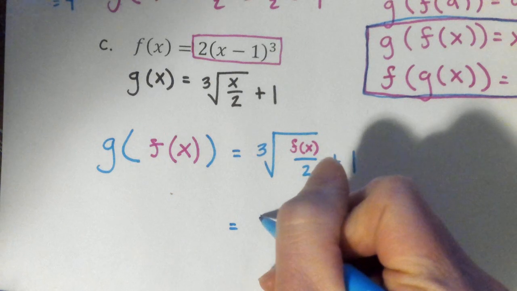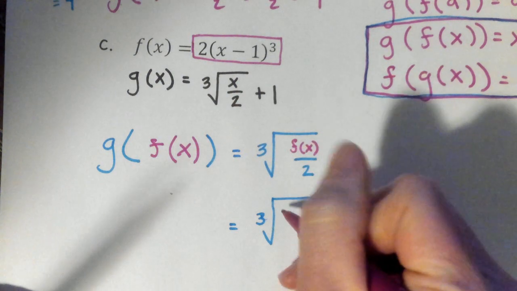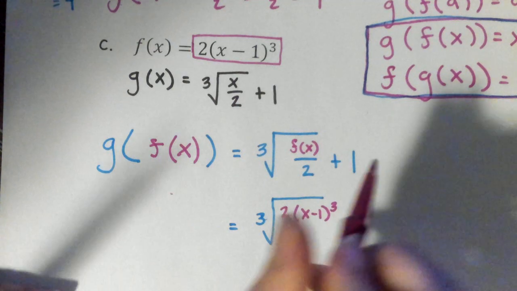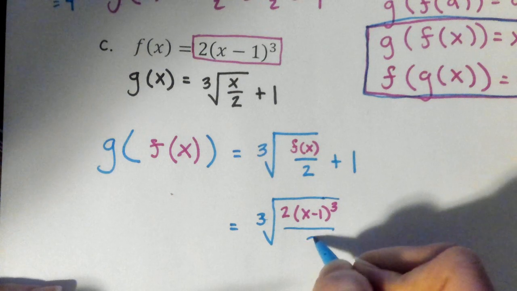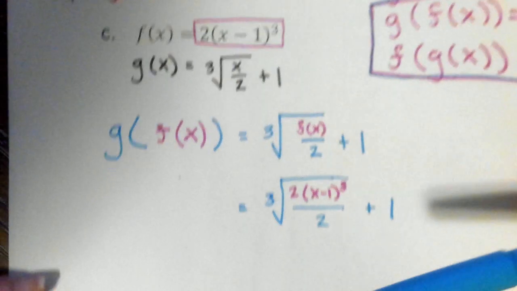So now I'm going to do the cubed root of 2x minus 1 cubed all over 2 plus 1. Okay?